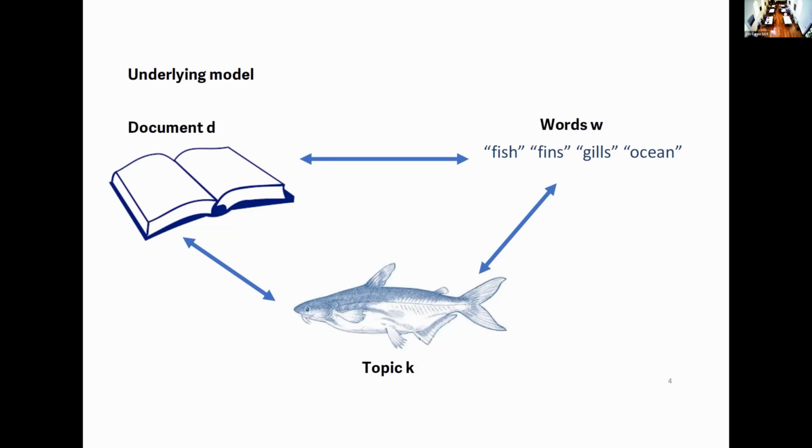So we can't observe the topics directly, they're a latent variable, but we feel that if we could infer them, then we could better understand what is the subject matter that the documents are addressing, and how does that vary across the documents. So our inputs are, we know which words go in which documents because we can read them.